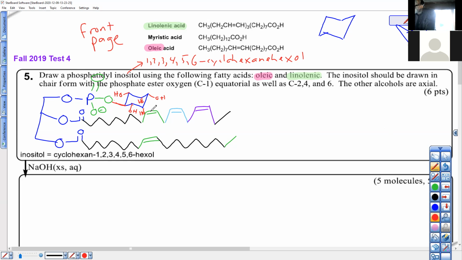Molecules like this are involved in taste, believe it or not. Taste sensations. And what else? Anything else? That's it. So now you've got it. It could be 4 things here. Phosphatidylserine, 4 possibilities for this question. This question will show up on your test. Now phosphatidylinositol is a possibility.